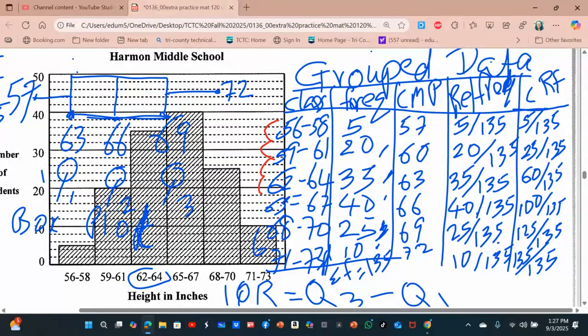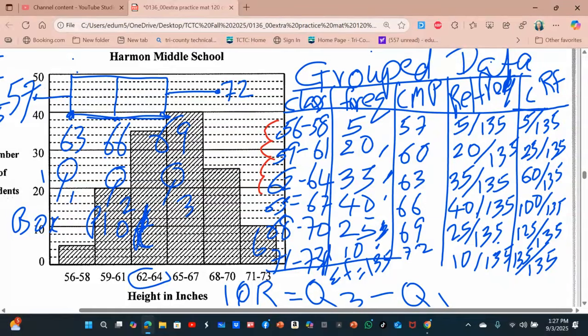So if the question says find the interquartile range, then it is Q3 minus Q1. If it says find the range, it is maximum minus minimum. You know how to find that already.